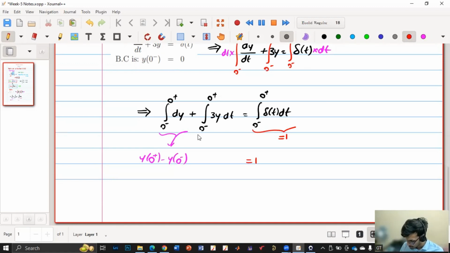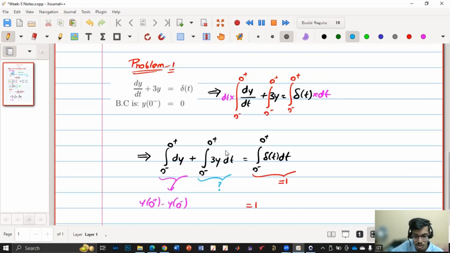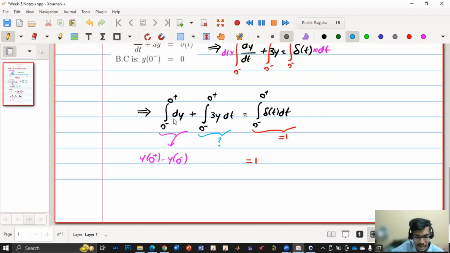And what about this term? 3y of 0 plus minus 3y of 0 minus. Okay, but actually here we are integrating with dt, not dy. So it will be the integral of y from 0 minus to 0 plus.